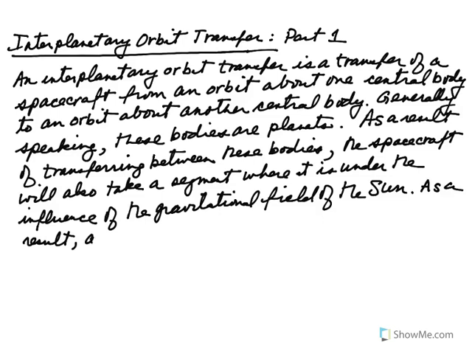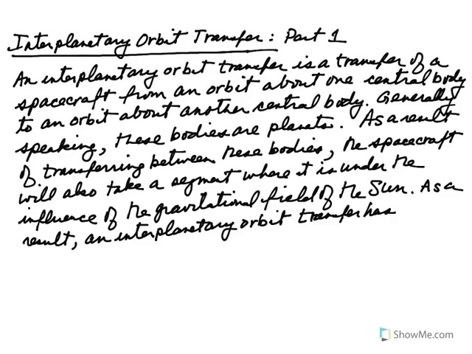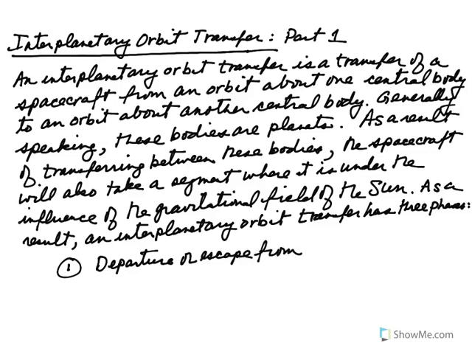So, as a result, an interplanetary orbit transfer has 3 phases. The first phase is a departure phase, or it's also called escape phase, from the first body.